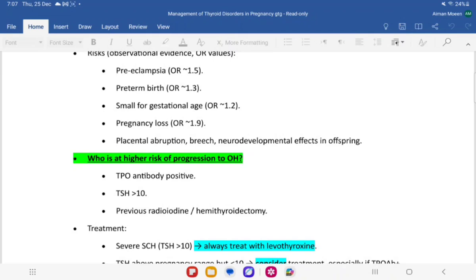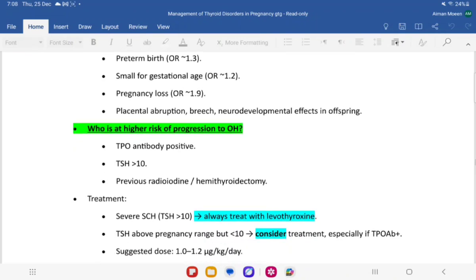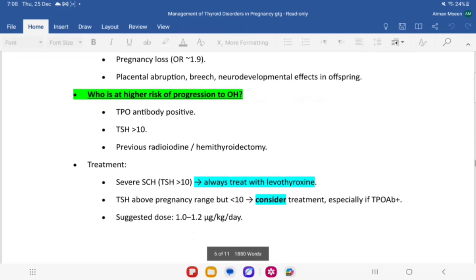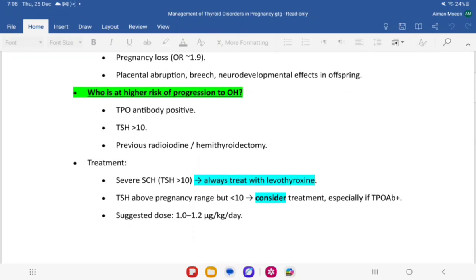The gland cannot do its function properly, so at the end it can lead to overt hypothyroidism. If TSH is more than 10, she is at greater risk of developing overt hypothyroidism than any woman who has TSH less than 10. Okay, a previous radioiodine or hemithyroidectomy also reduces the functioning part of the thyroid gland.